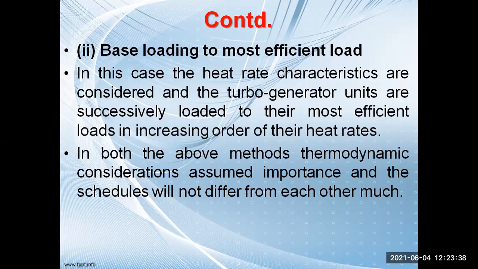If generator number 3 has the better heat rate characteristic, that generator will be loaded first and it will cater to the most important load. That is the most efficient load we have to serve. Gradually it will progress, and finally the load scheduling is done.